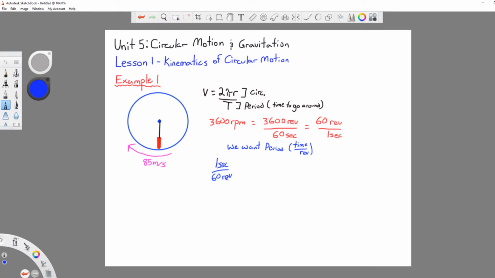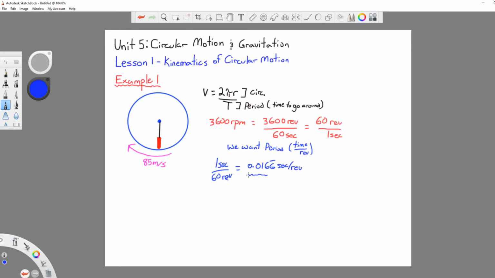It's saying the same thing, just in the other way. And if we say that in 1 second we can do 60 revolutions, we want to know the time for one revolution. So we divide 60 into 1 and say that we can do one revolution in 0.0166, repeating, seconds per revolution.